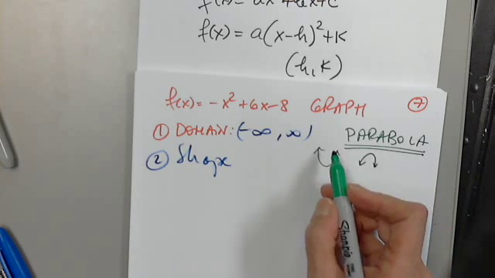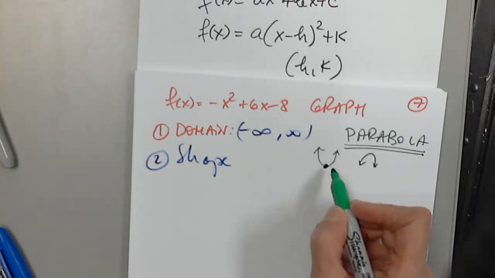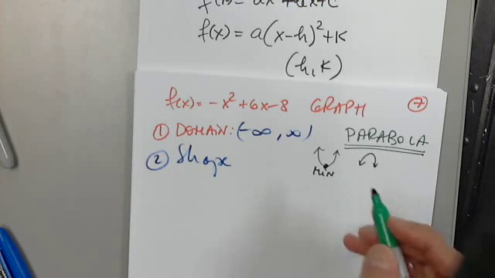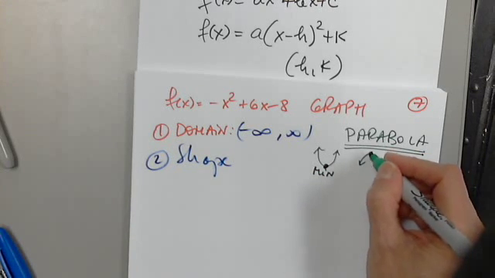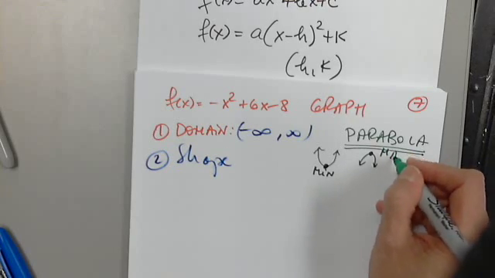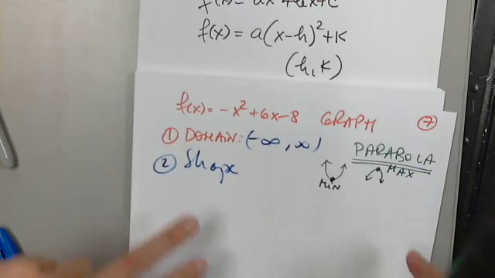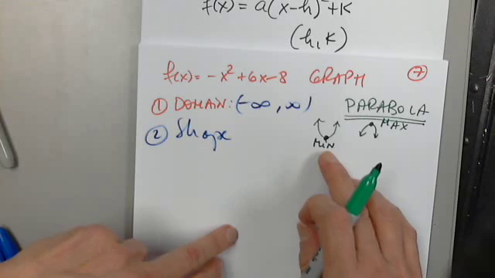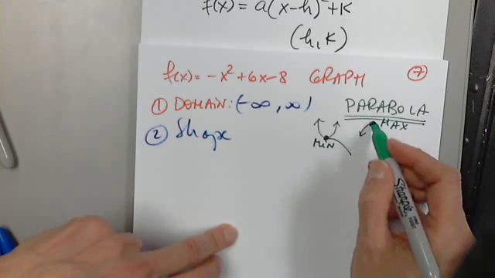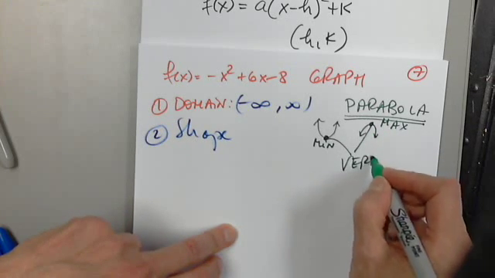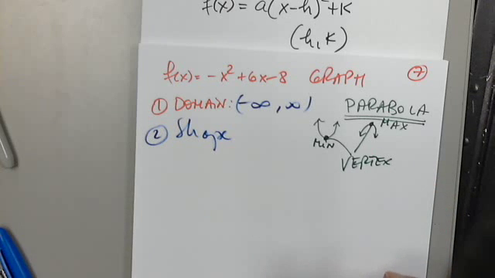So if it opens up, then this point is a minimum. If it opens down, this point is a maximum. Both points, it doesn't matter if it's a minimum or a maximum, are called the vertex, or vertices, but singular, vertex.